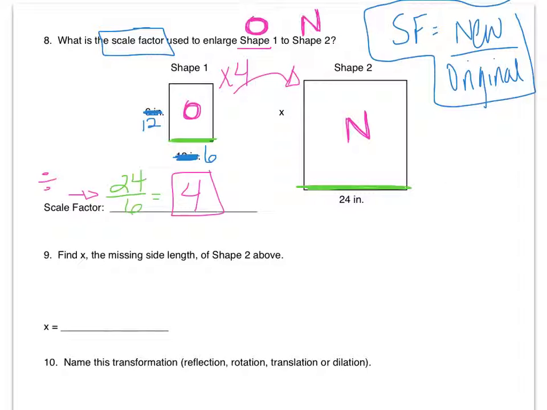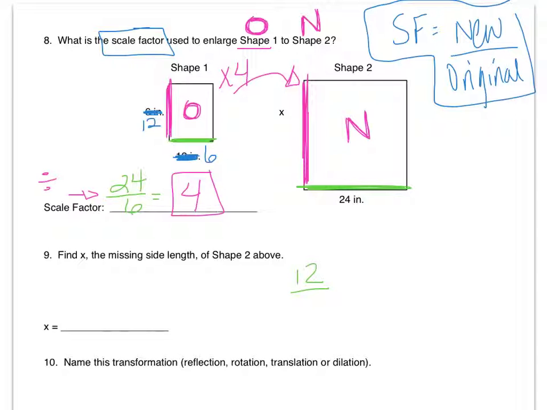So number 9, we're going to use the same shape up here, and we're going to find this missing side length for x right here. Remember when we did proportions, I always colored my corresponding sides. So now I'm going to set up my proportion. I know 12, this pink side right here, goes with this pink side.